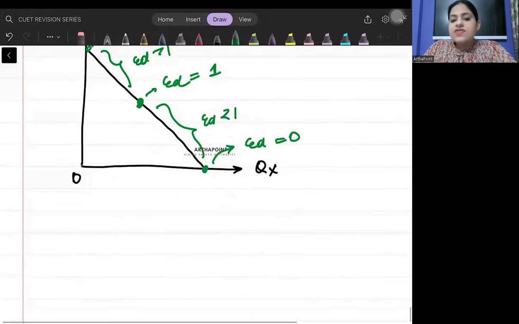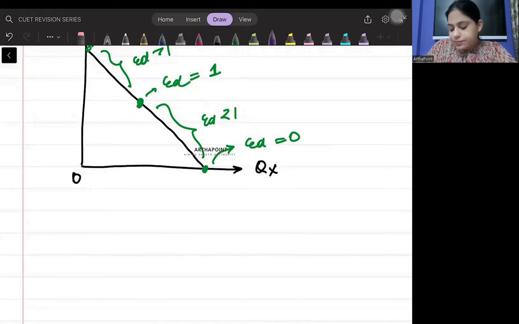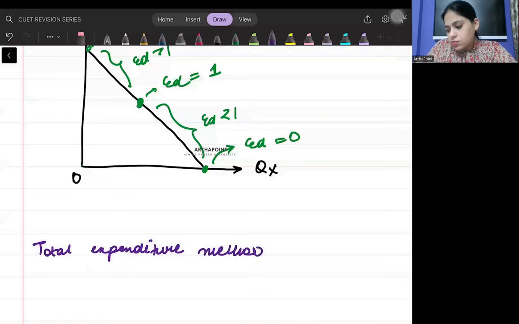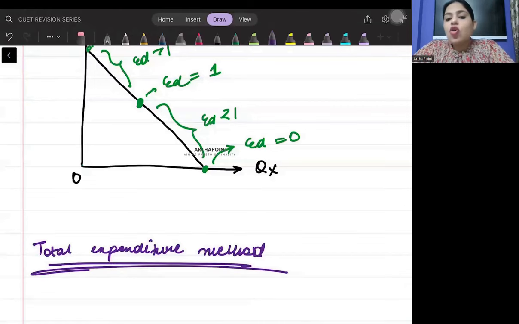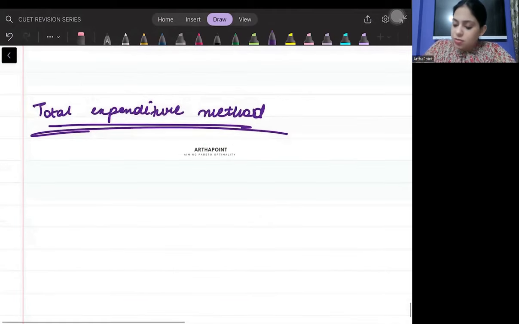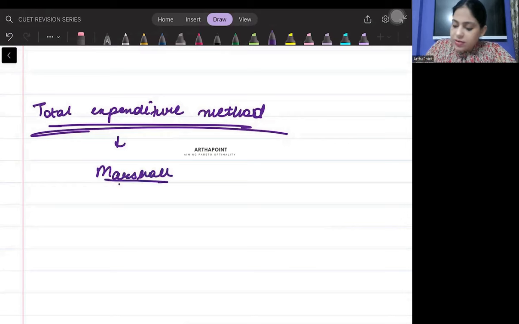Then we have something which is known as the total expenditure method. According to, okay, अच्छा, पहले total expenditure method is also given by Marshall beta, right?